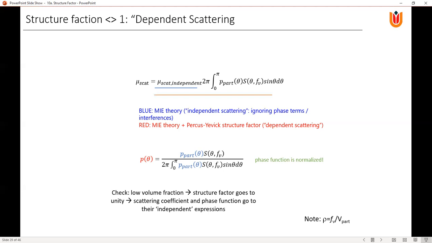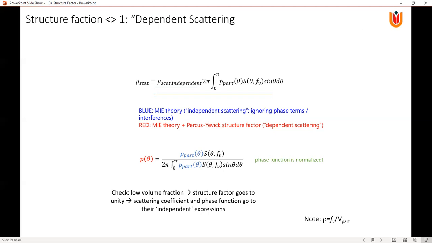We could define an effective phase function for the set of particles, and the way to do that would be to multiply the phase function of that one particle with the structure factor, and of course, because the phase function is normalized, we would divide it. Math is easy. Even if it's not valid, you can still calculate it.